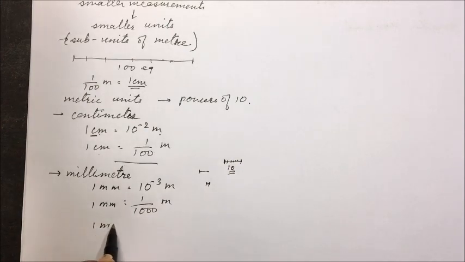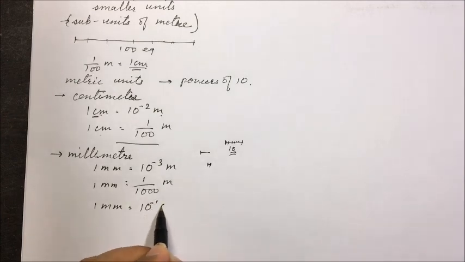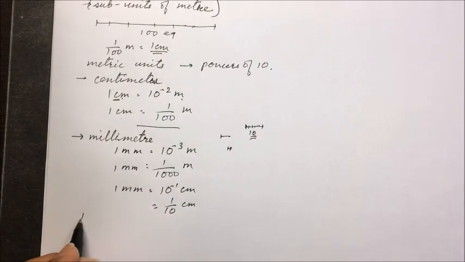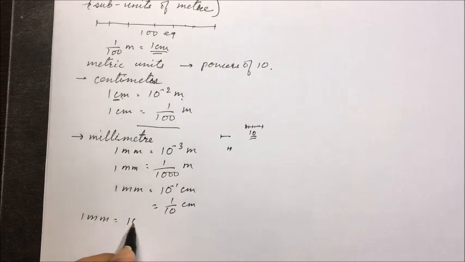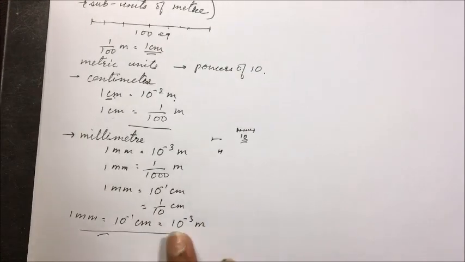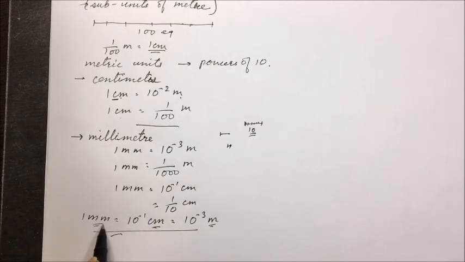So 1 mm equals 10 raised to power minus 1 centimeter, or 1/10 of a centimeter, equal to 10 raised to power minus 3 meter. This is how they are related in powers of 10. Meter is the bigger unit, centimeter a subunit of meter, and mm a subunit of centimeter.